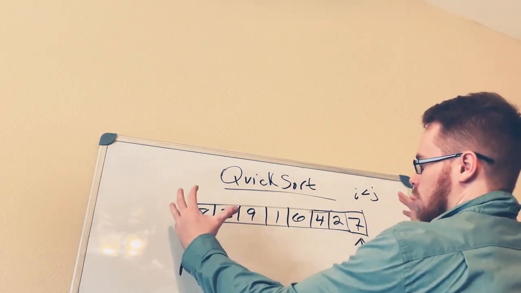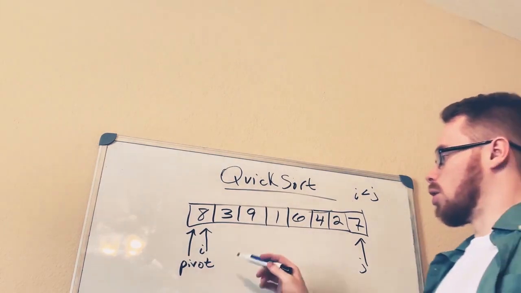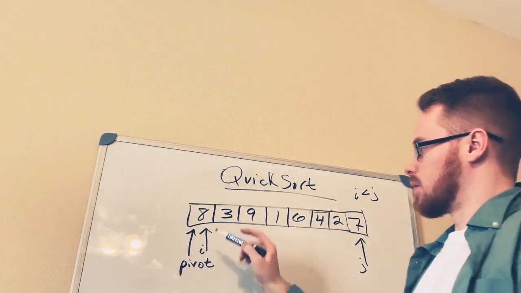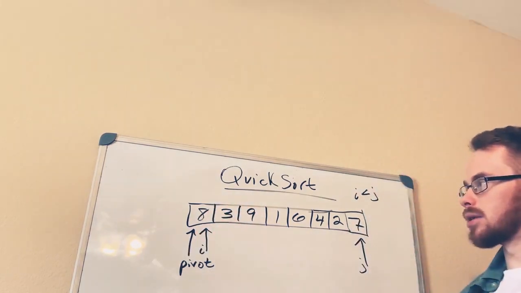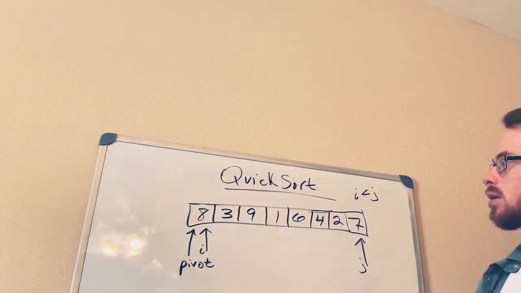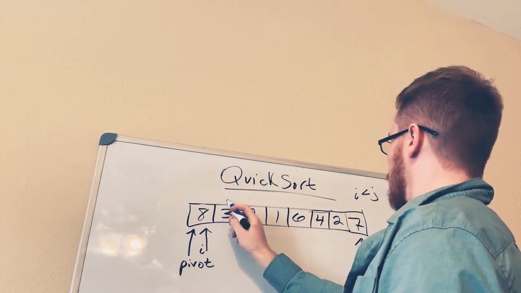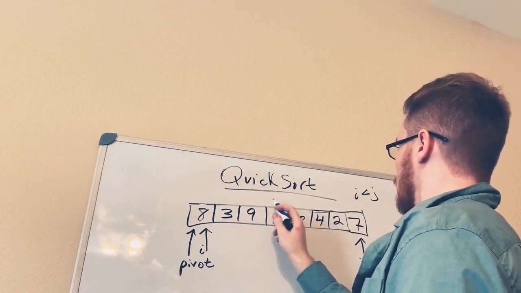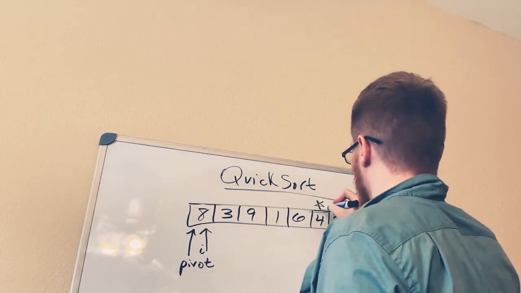So this is your first step, the partitioning. Our goal here is to take our pivot value, which is 8, and find where it belongs in the array. If we look at our array, we should have 1, 2, 4, 6, 7, 8. I think that's correct.